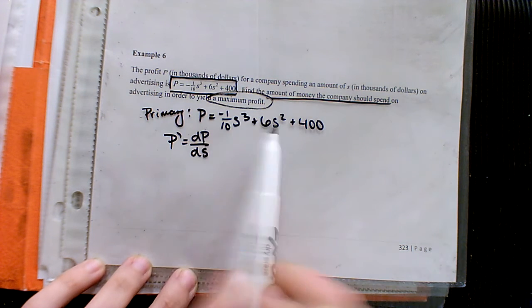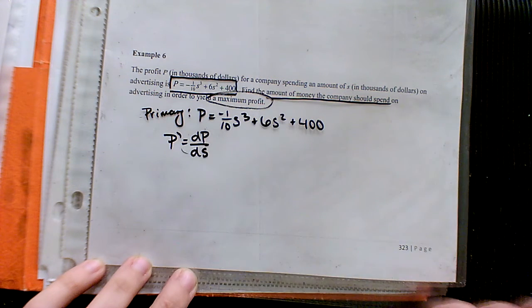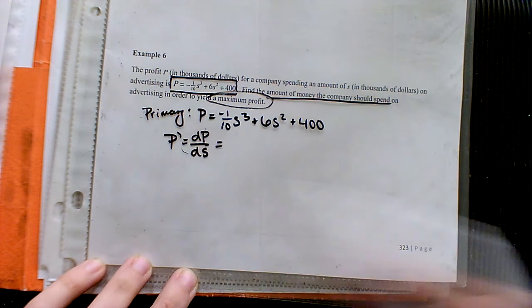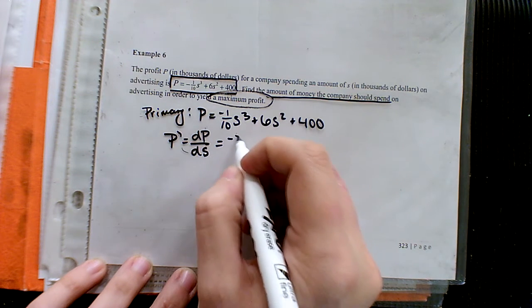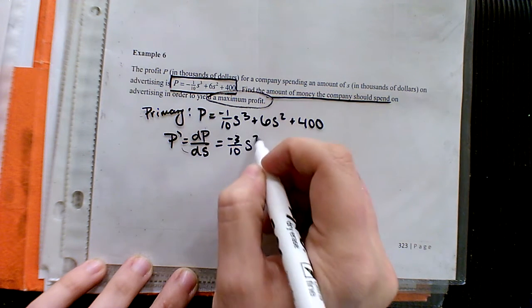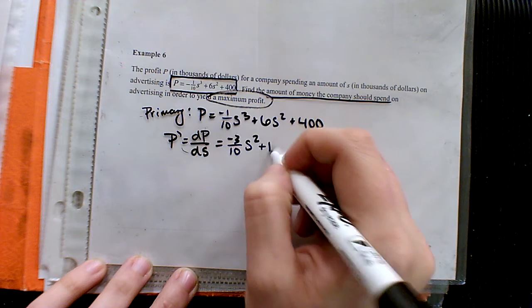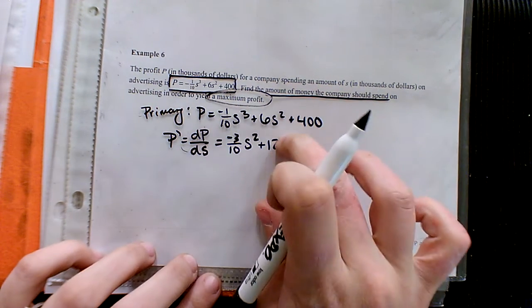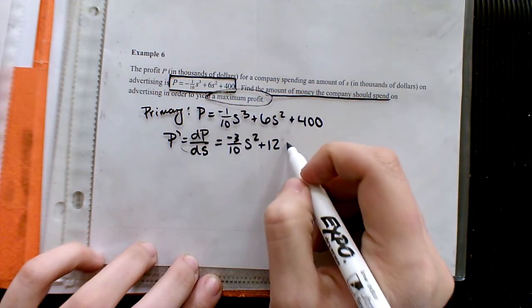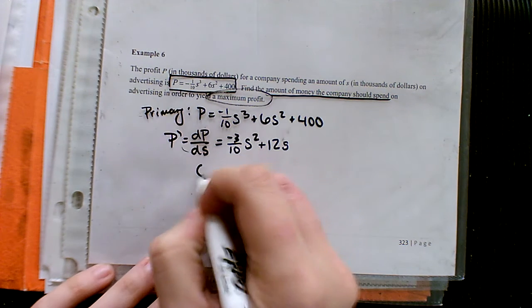Like if you change the P to y and s to x, it'd be dy over dx. So you could use that notation as well. Doesn't matter. Okay, so either one of those derivatives. Derivative of the right-hand side, negative 3 over 10 s squared plus 12s. All right, set equal to 0.